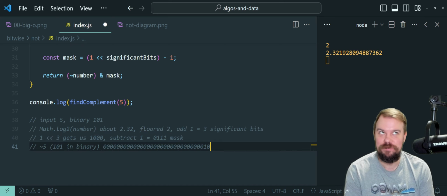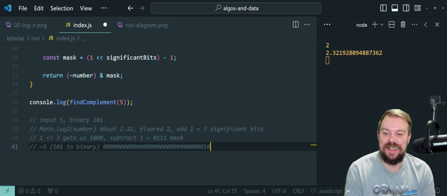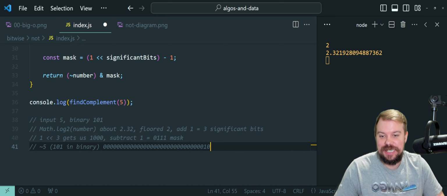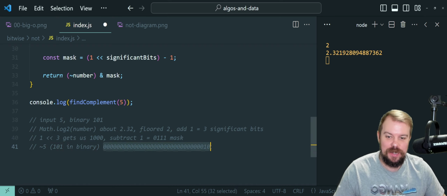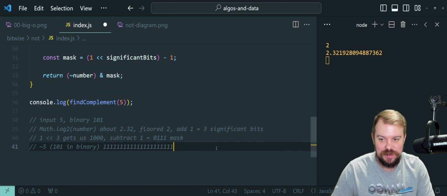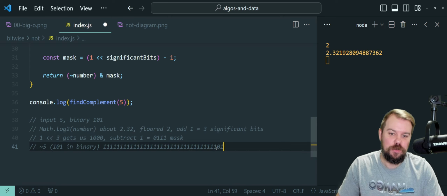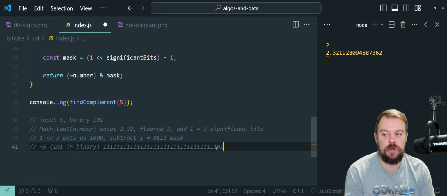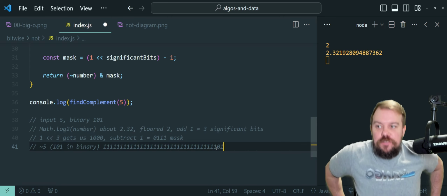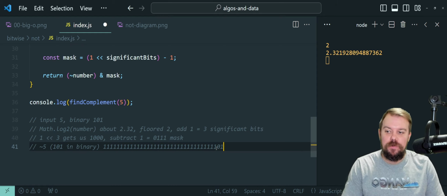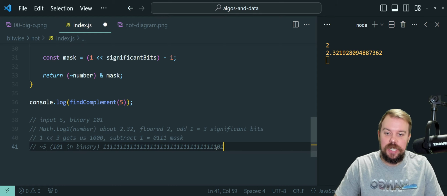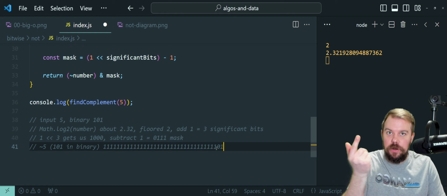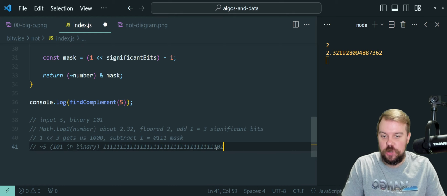Okay. So, if it's storing all those switches, then technically, if it would flip all these, it would go to a bunch of ones and then the 0, 1, because it would flip all of them. And that's exactly what it'd be doing here. So, that not flip is actually flipping all those zero switches to 1 switches.